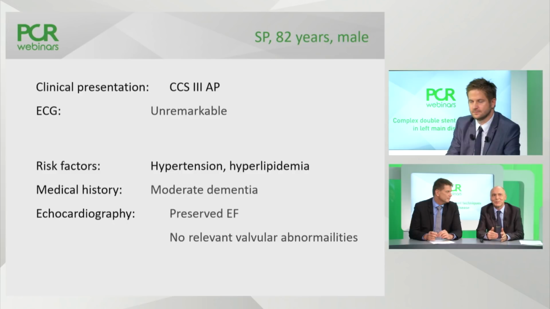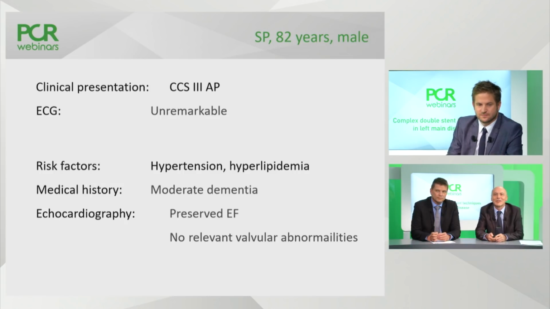By the time we brought this patient to the cath lab, it was obvious that his mental state was not appropriate for surgery, for extracorporeal circulation, open heart surgery, etc. So it was either medical therapy or we do something percutaneously. So this was a different dilemma from the first case.